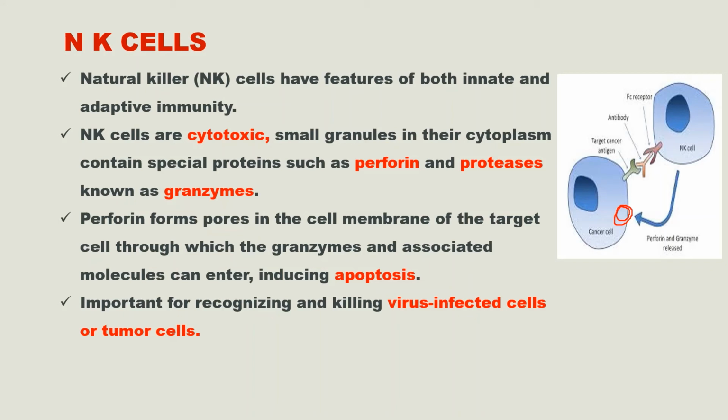The two enzymes are perforin and proteases. Perforin forms pores on the surface of the targeted cell. Through these pores, granzymes and other enzymes can enter, and then induce apoptosis or programmed cell death of the target cell. This is important. You have to remember that. NK cells are important for recognizing and killing virus infected cells or tumor cells.